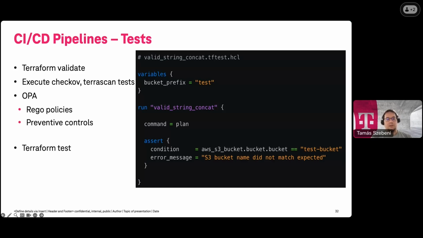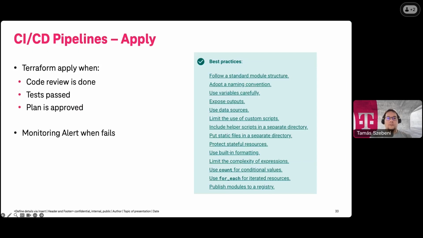We can use Rego policies with OPA or Checkov tests as preventive controls. So when such unsecure code is written into Terraform, it will fail the plan before it will actually be approved. And finally, the apply phase.